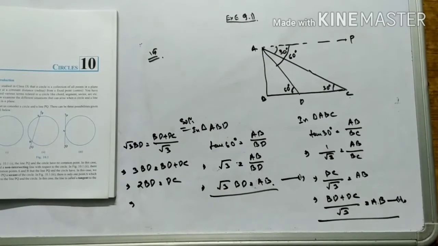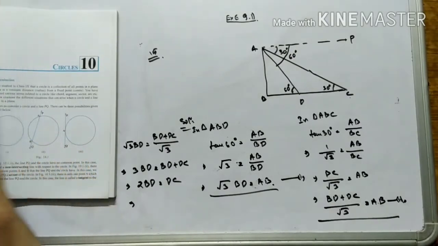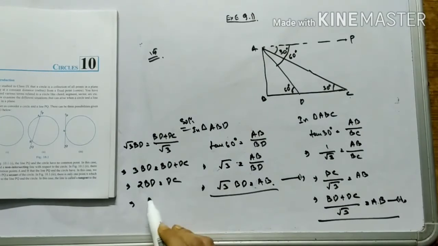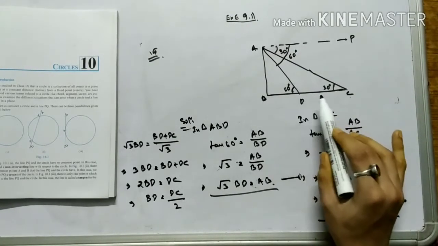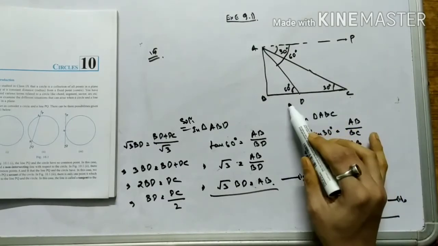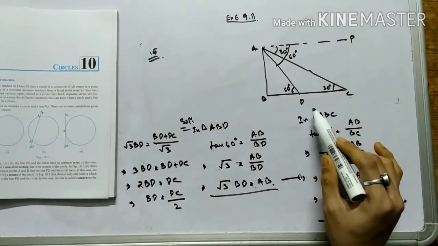Therefore I can write BD is equal to DC by 2.